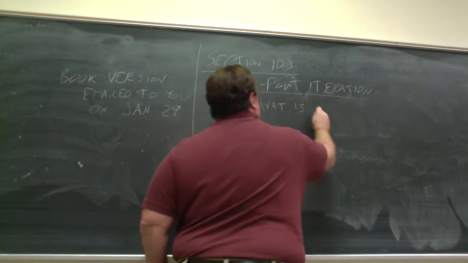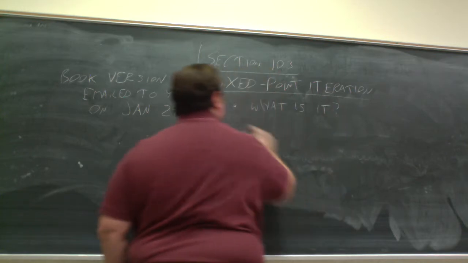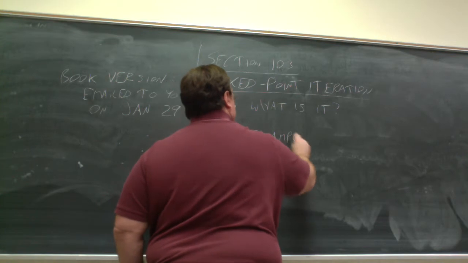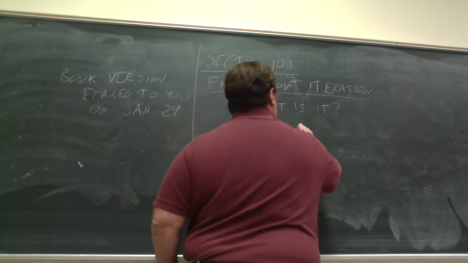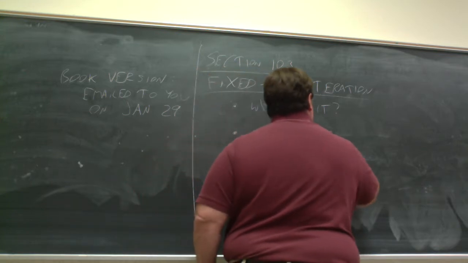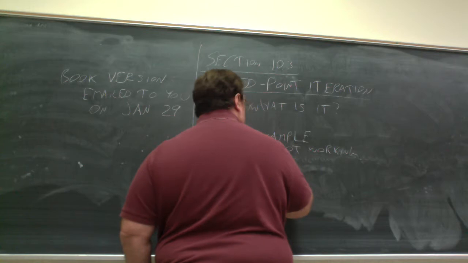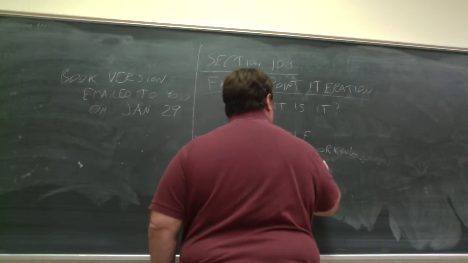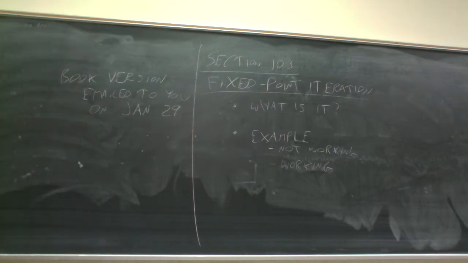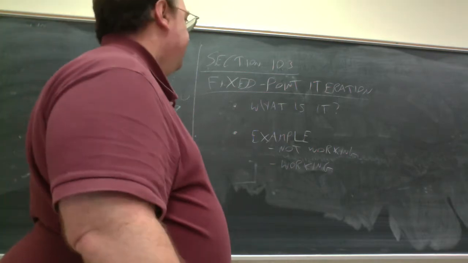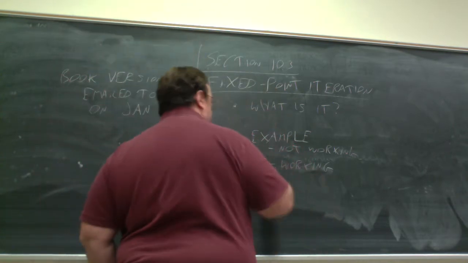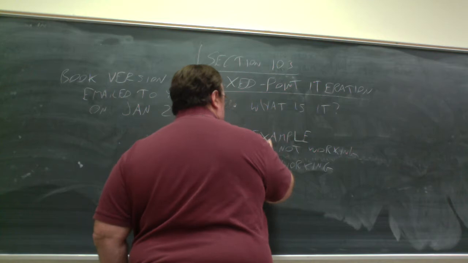That's what we're going to see today, depending on how far we get. And what we'll see is that, unlike bisection, which is guaranteed to work if you give it the right situation, the other methods that we'll see in this chapter can fail, but we can have some idea of when they will and when they won't.